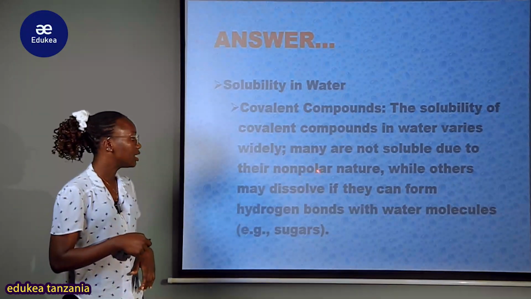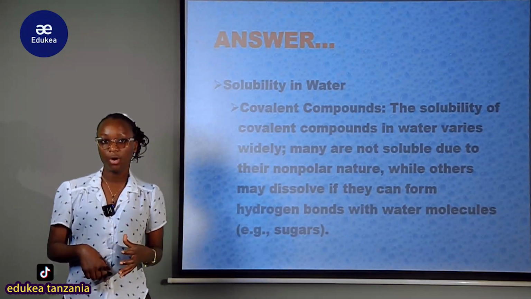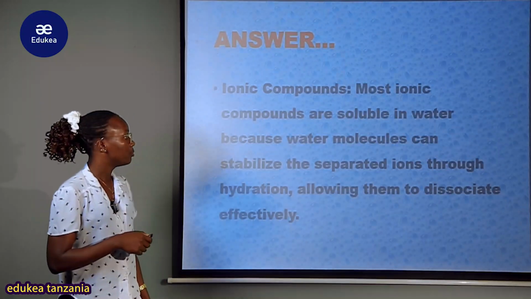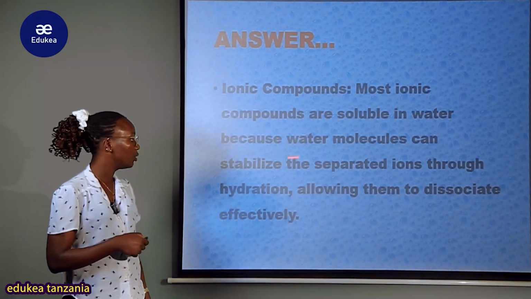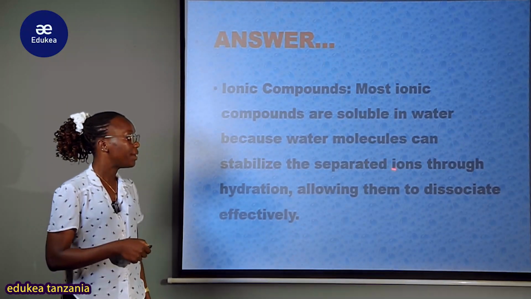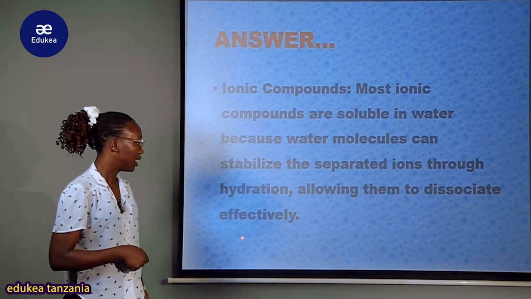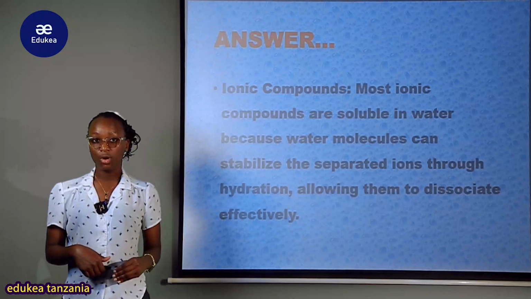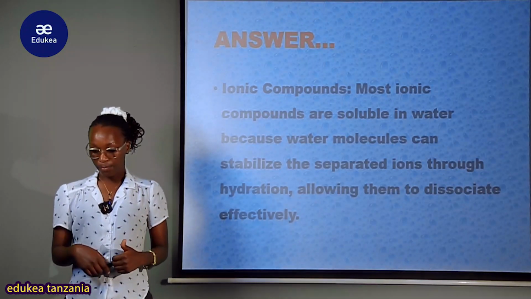So depending on this nonpolar nature inapelekea most of the covalent compounds kuwa insoluble in water. Okay, how about ionic compounds? Most ionic compounds are soluble in water because water molecules can stabilize the separated ions through hydration, allowing them to dissociate effectively. So in ionic or electrovalent bond, the compounds are soluble in water.